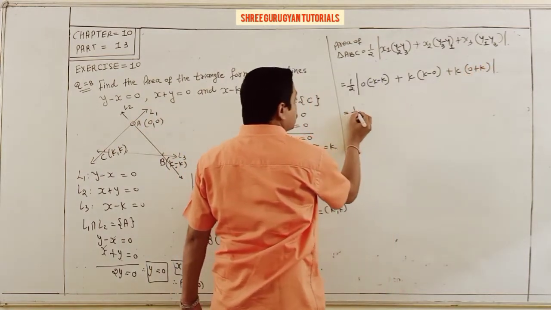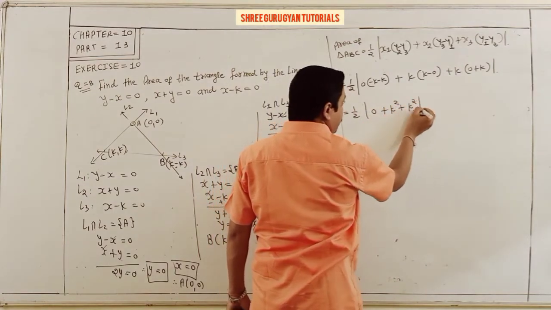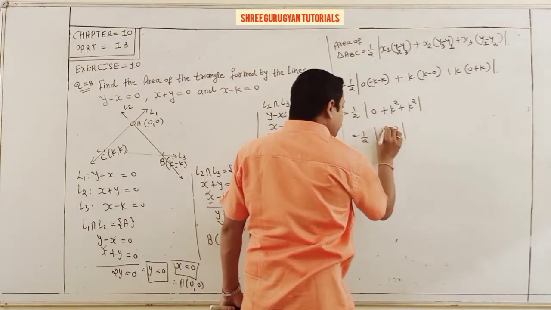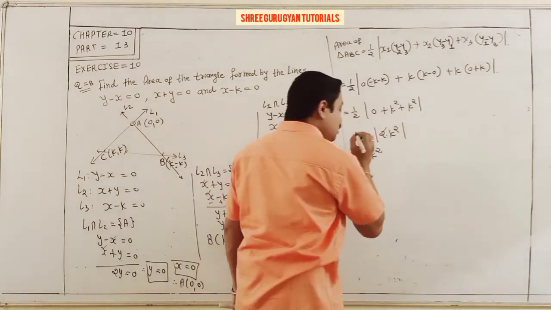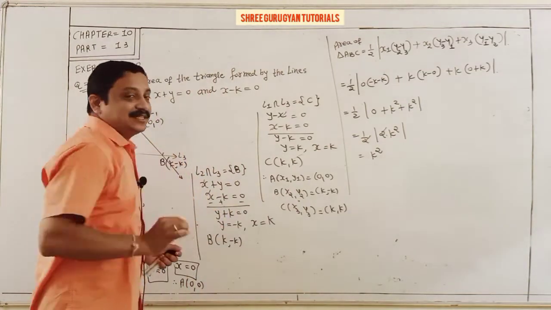Finally that will be 0, k square, and that is 2k square. It means your answer is only k square, and here the area of the triangle is easily done.